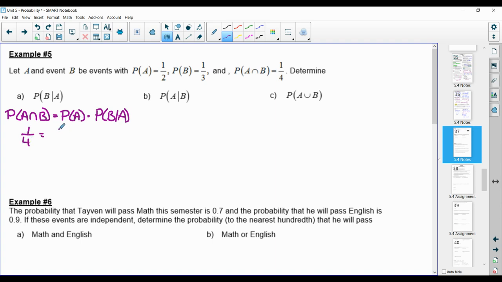The probability of A is 1/2. And we're looking for the probability of B given A. So in order to solve this problem, I'm going to have to take 1/4, divide by 1/2. And so the probability of B given A is 1/2. Again, because I took the 1/4 and I divided by 1/2.